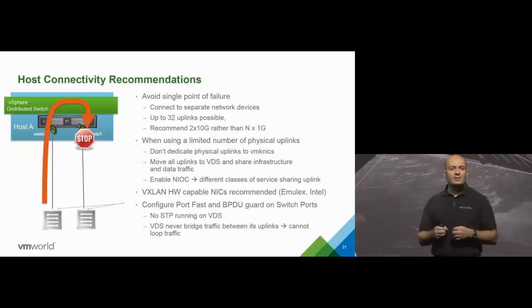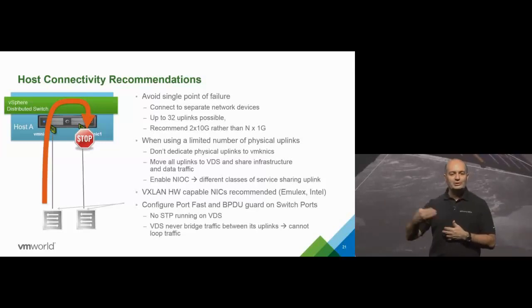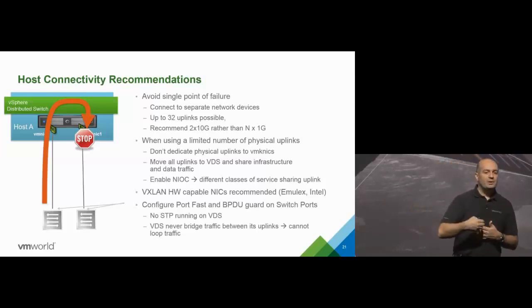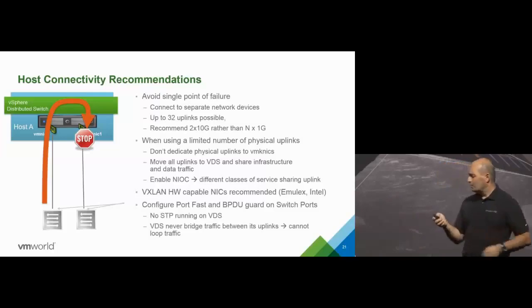You don't need that technically, because now your traffic is going to be encapsulated over VXLAN. So even if a virtual machine was inserting some BPDUs, your physical switch wouldn't see it anyway. But it doesn't cost you much to still configure these parameters on your physical port. That's kind of a safety mechanism.